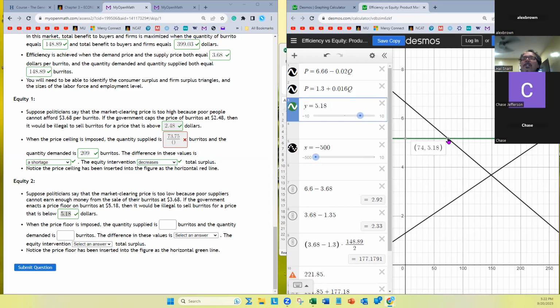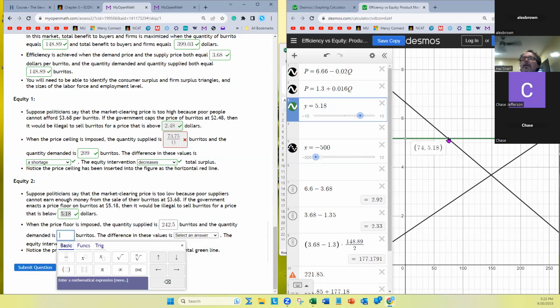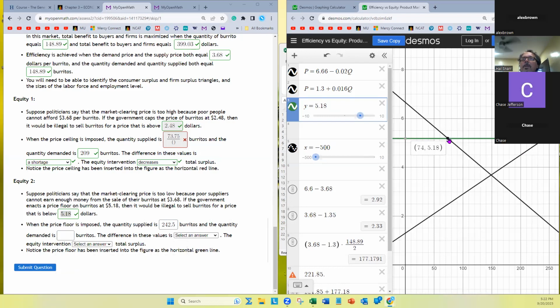Well, my quantity demanded is 74. My quantity supplied is out here on the supply curve, right? So my quantity supplied is 242.5. And my quantity demanded, the price floor goes first through the demand curve. My quantity demanded is 74, right?